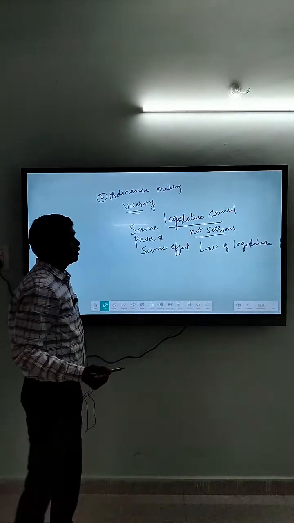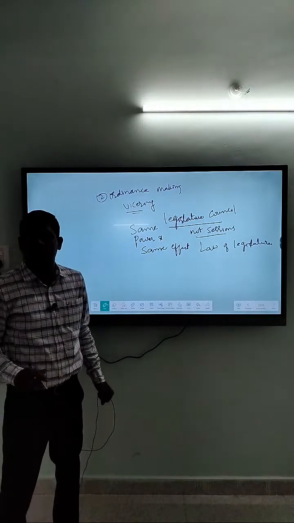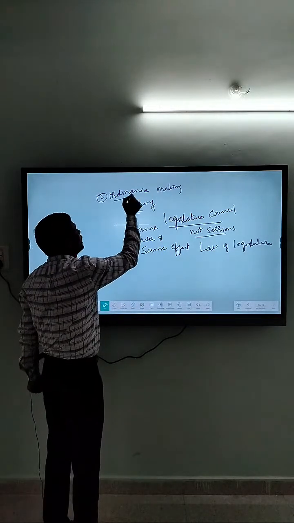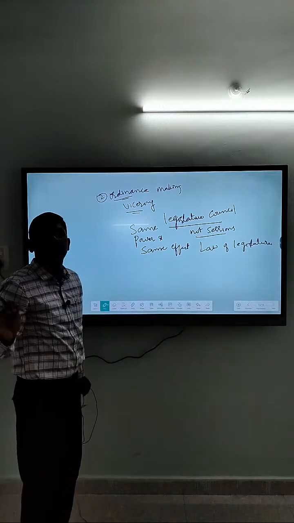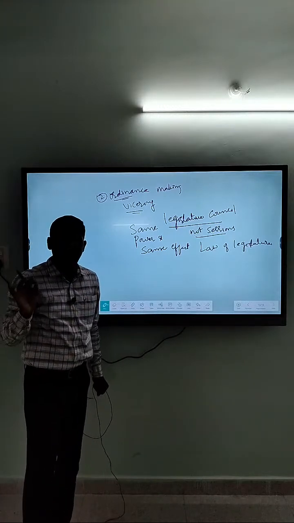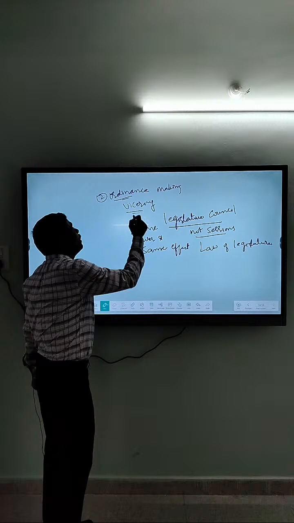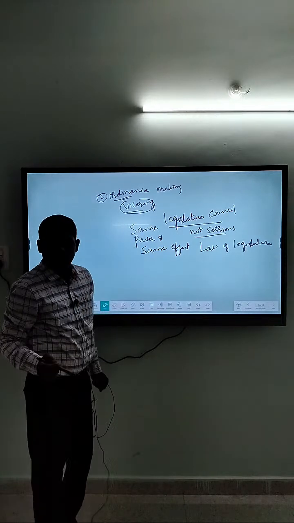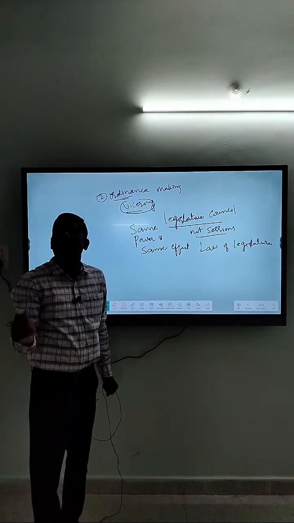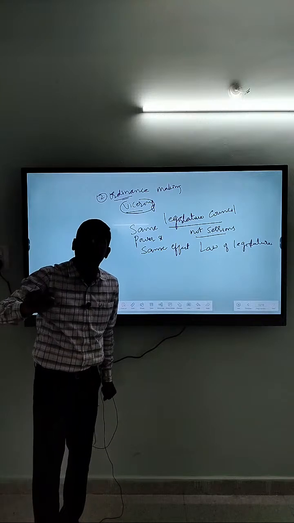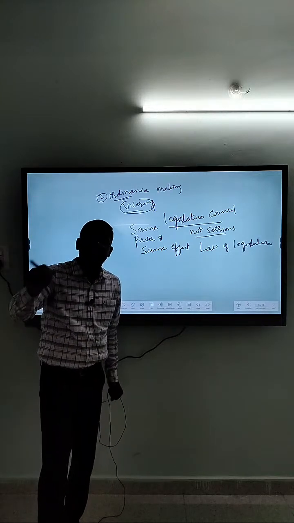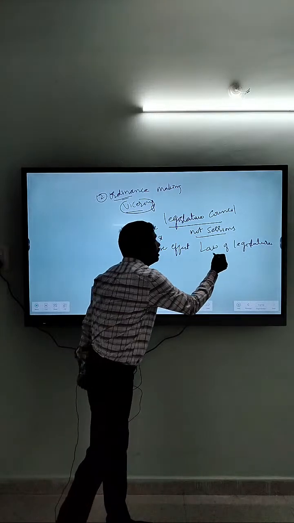So this is what ordinance means. In layman's language, it is nothing but a law made by the Viceroy, or you can imagine it as an order issued by the Viceroy which has the same power and effect as a law of the legislature.